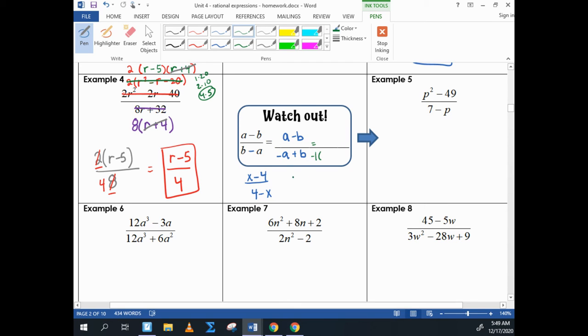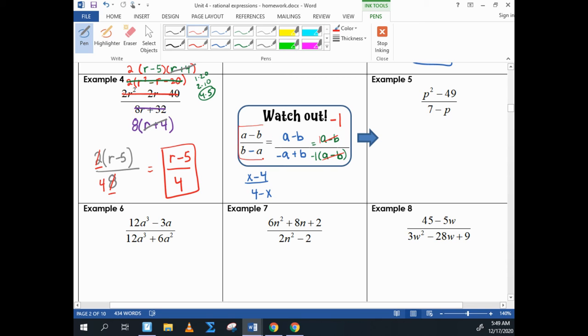Negative 1 times a gives me a negative a, and negative 1 times negative b gives me that positive b right there. So now this a minus b can cancel with this a minus b, and I'm just left with 1 over negative 1, which equals negative 1.